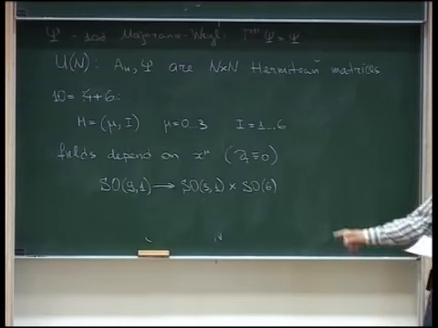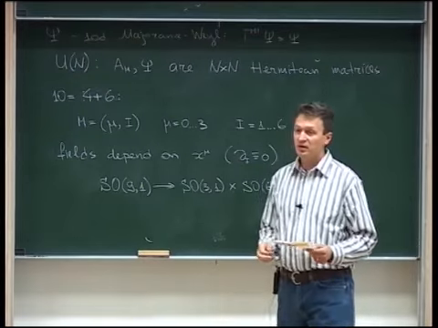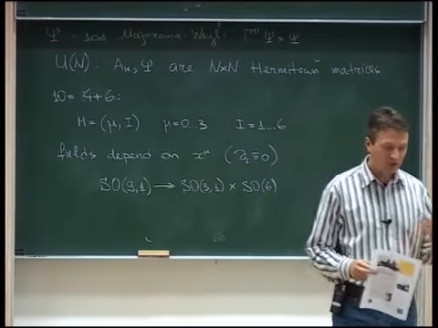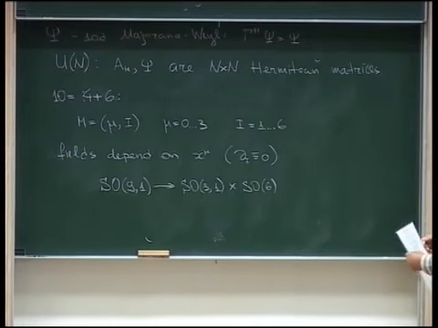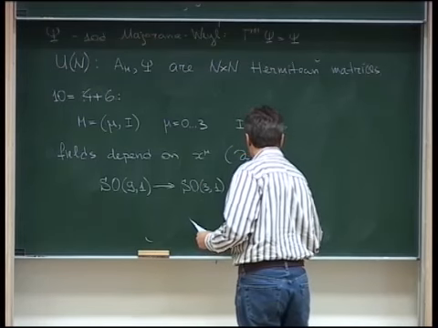This SO(6) survives as a global symmetry of N equals 4 super-Yang-Mills, and usually this symmetry is referred to as R symmetry.